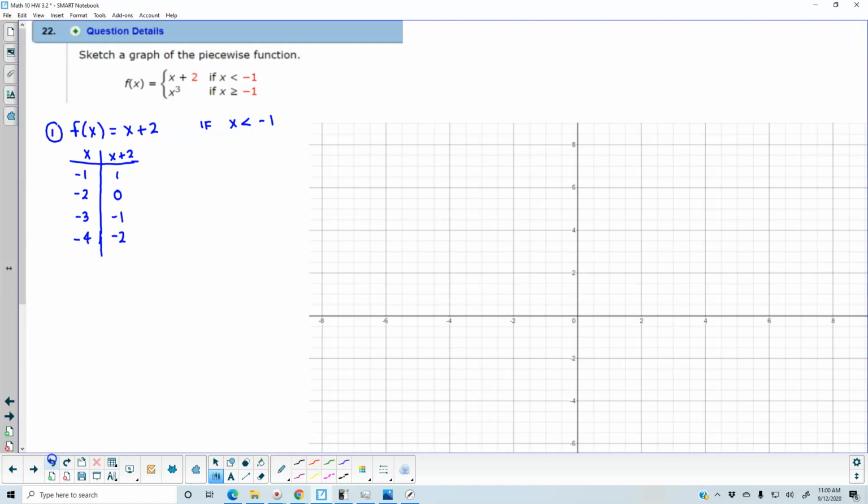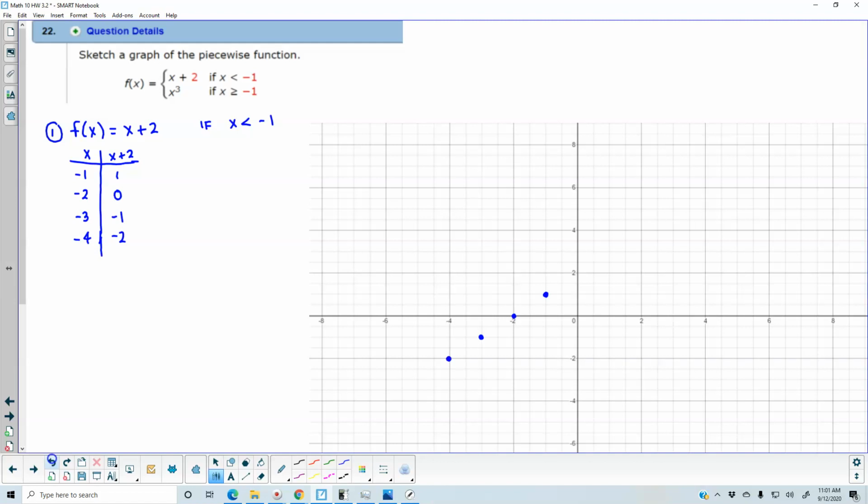If we plug in negative 4 plus 2 gives you negative 2. So there are our particular ordered pairs. So if we go to negative 1 and then up 1, there's our first point. If we go to negative 2 and then that's 0. Negative 3, negative 1. Negative 4 and then negative 2.